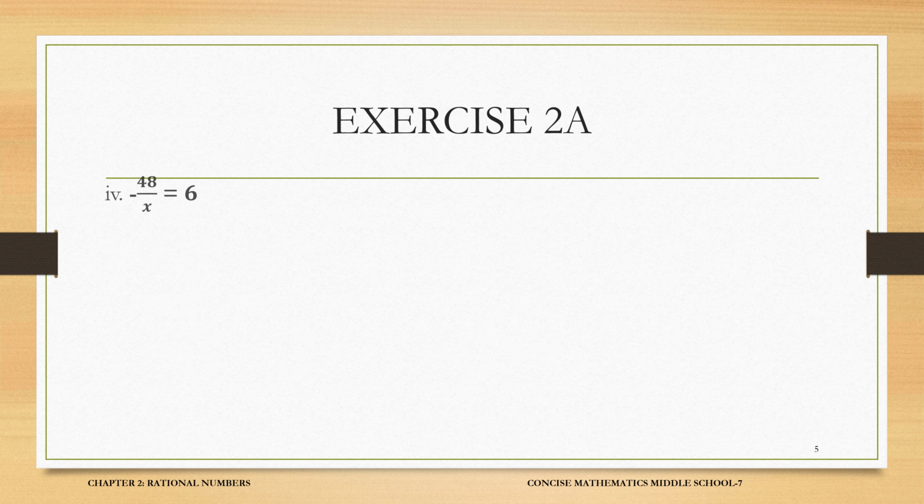Our fourth question, let's solve this by using the multiplication method. Here, because it is 6, you should consider the denominator as 1. Is it clear? Because they have given only an integer, that is 6, we are going to change this into a rational number. So in the denominator you can place 1.